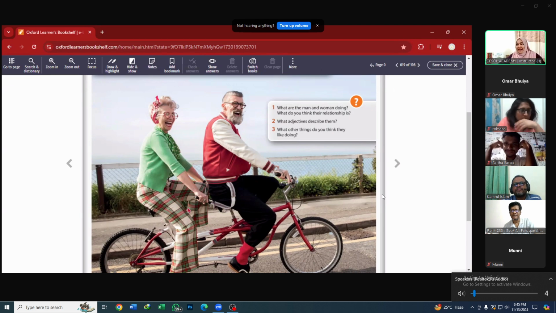And what about Mr. Kamrul? Give us an adjective for them. They are a happy couple. Okay, they seem to be very happy. Very good. What about Miss Munni? At this moment, I couldn't find any adjective.